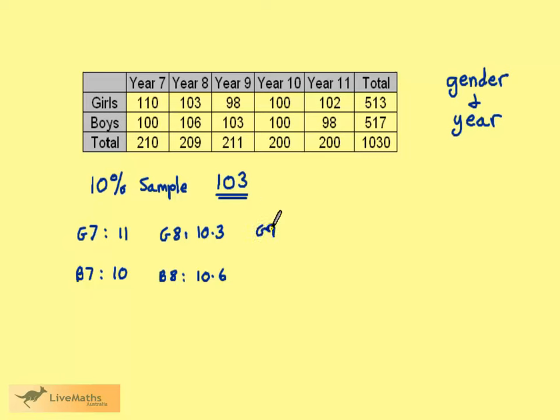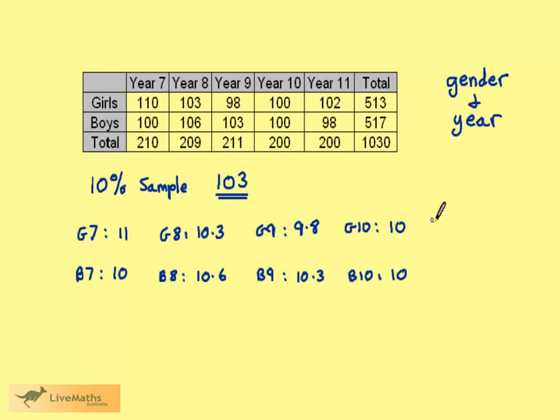Girls in Year 9, we're going to get 9.8. For boys in Year 9, we're going to get 10.3. For girls in Year 10, 10% of 100 is 10, and for boys in Year 10, 10% of 100 is 10.